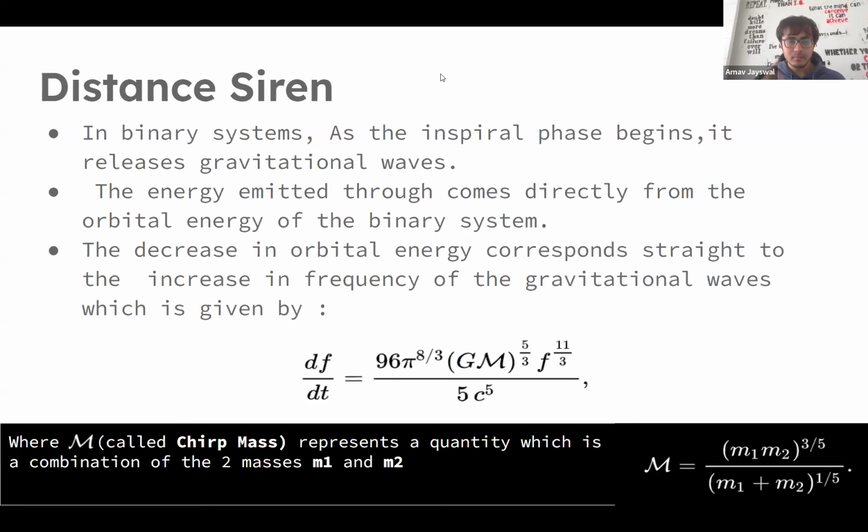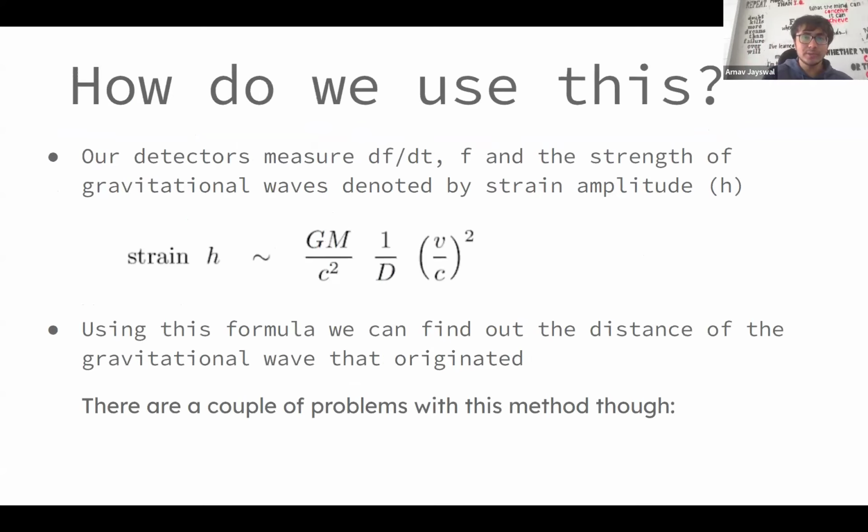So our detector will measure the df by dt and f, and from this differential equation, we will get the chirp mass. And after you get the chirp mass of this gravitational system, you can figure out what the strain h is. The strain h is dependent on GM by c squared into v by c, which is just frequency, GM by c squared into f squared into 1 by d, where d is the distance.